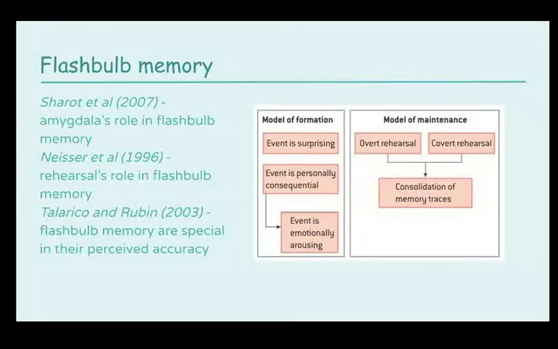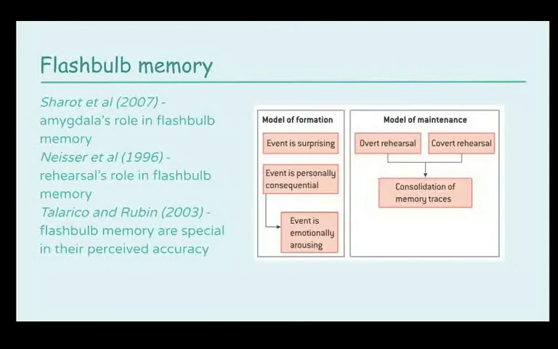And Neisser et al. in 1996 proved how rehearsal is actually somewhat important in the flashbulb memory, because like other memories, every memory would deteriorate, and the flashbulb memory is not an exception.